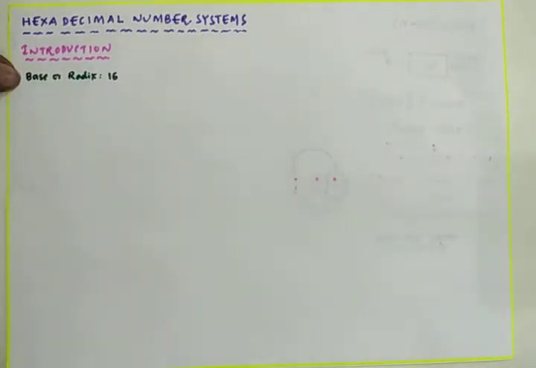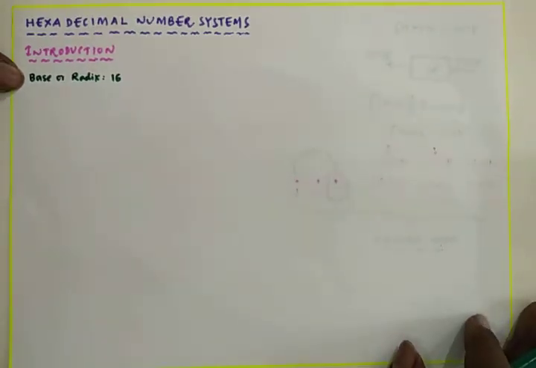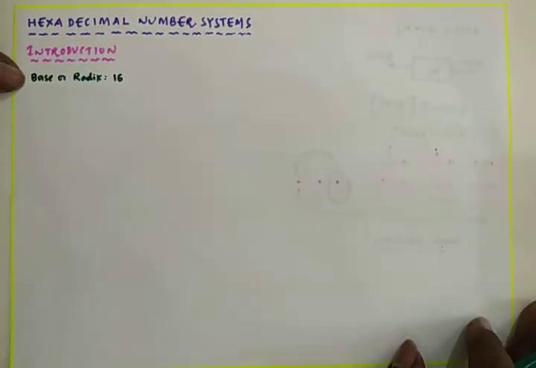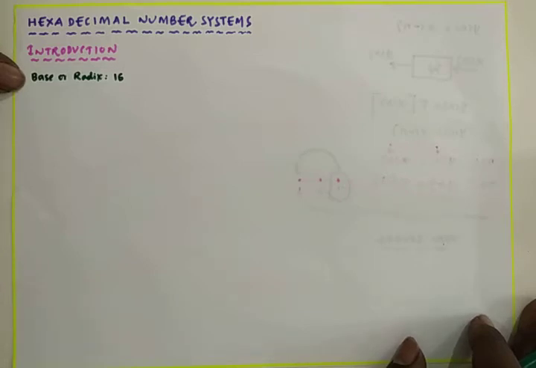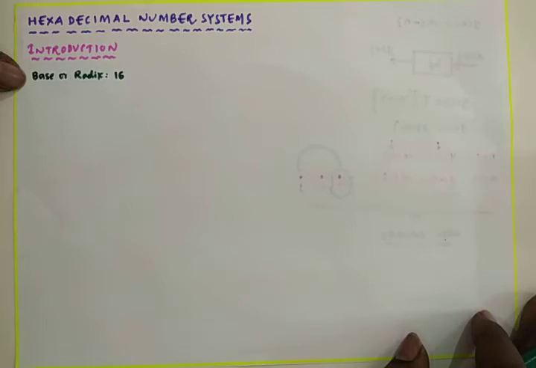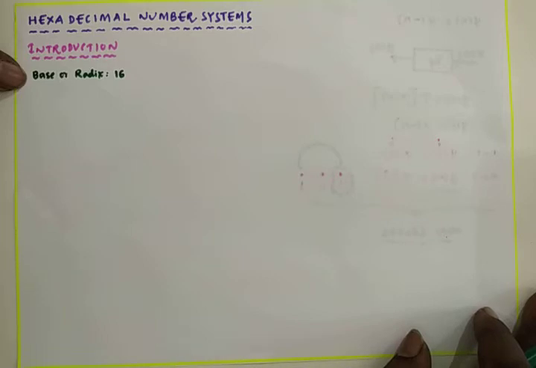The base or radix represents the total number of digits in a particular number system, which equals its base. Here the base is 16, so the total number of symbols in the hexadecimal number system is 16.